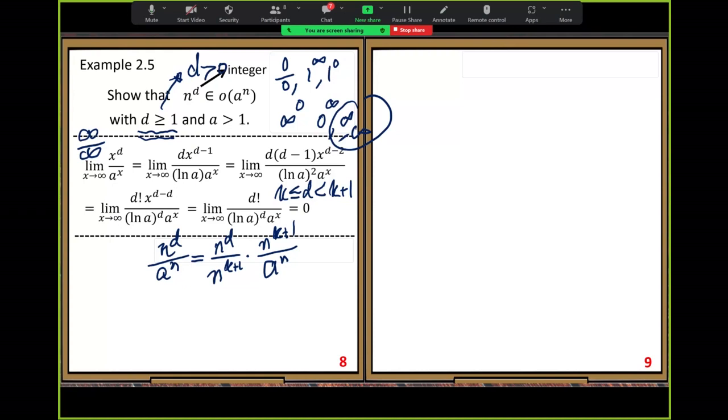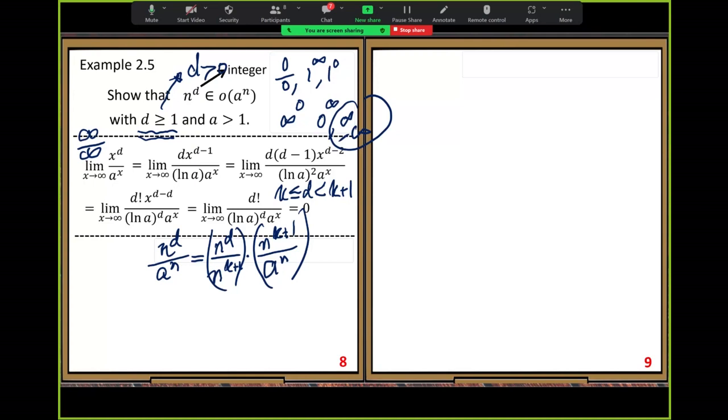Cancellation, so it is the same expression. But when you write it in this way, can you see the relationship much better? Because in the first fraction, D is less than K plus 1, so the denominator increases faster than the numerator.